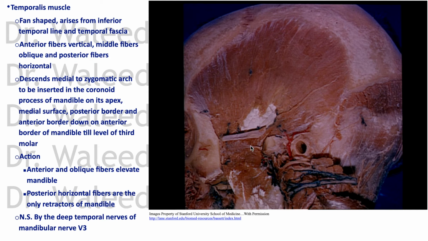Okay, the movements occur in the TM joint. The nerve supply of this muscle, actually all muscles of mastication are supplied by the mandibular nerve. It has its own nerve coming out of the anterior division of mandibular nerve, as we are going to study it in the infratemporal fossa. I hope that was simple enough about this muscle.